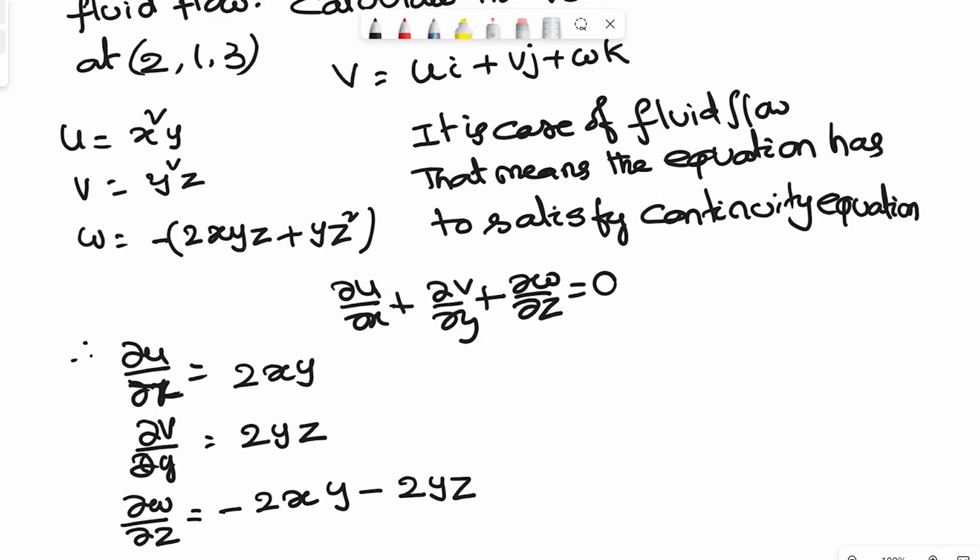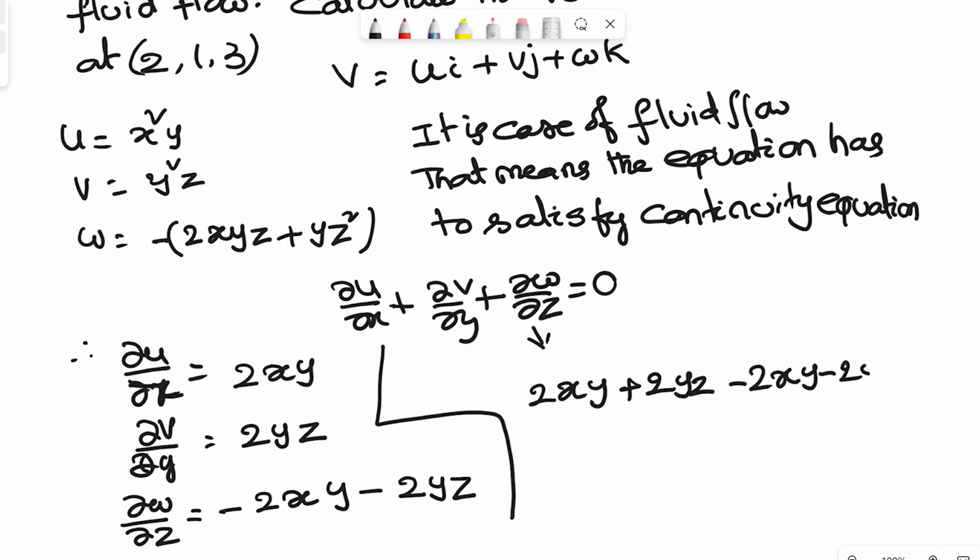So now if I substitute in this continuity equation, we get 2xy plus 2yz minus 2xy minus 2yz is equal to 0. Therefore, the continuity equation is satisfied.